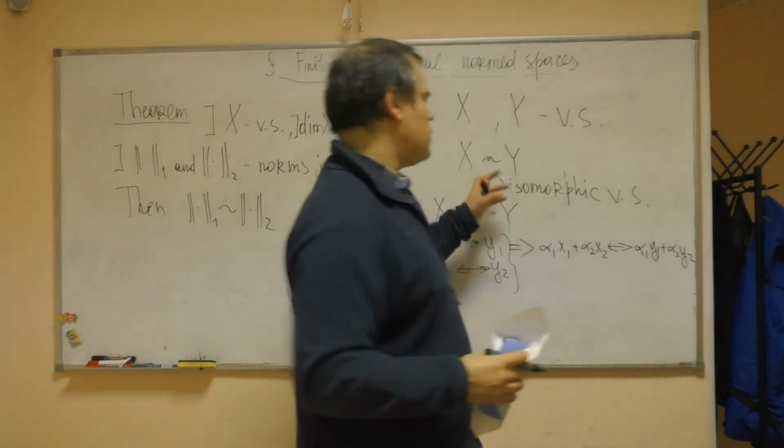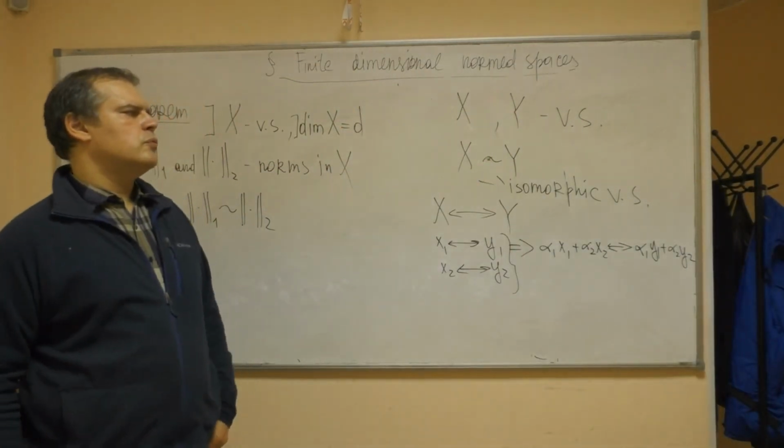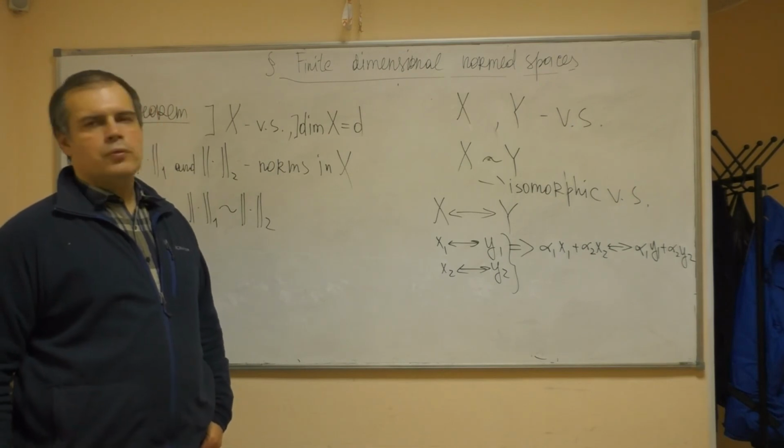So in this case, two spaces are called isomorphic.